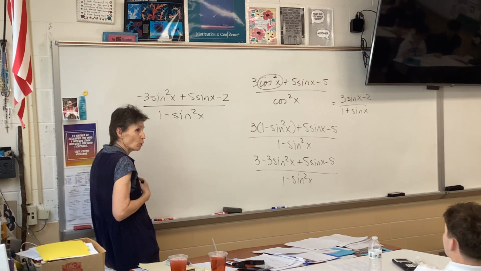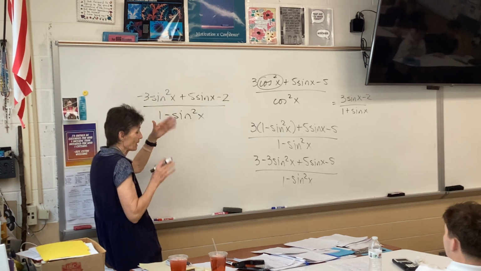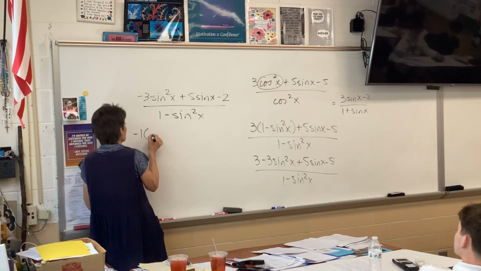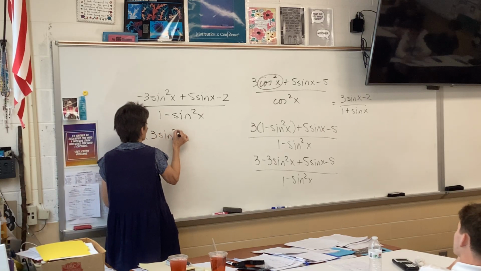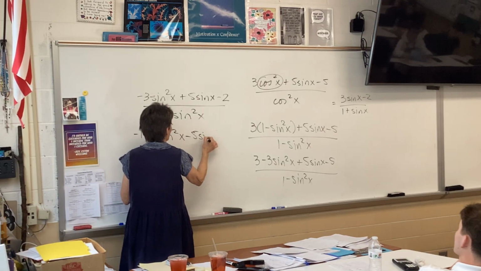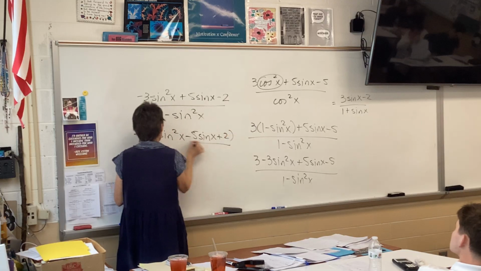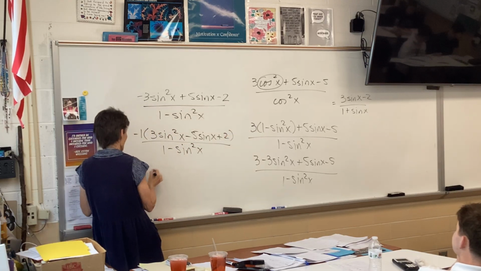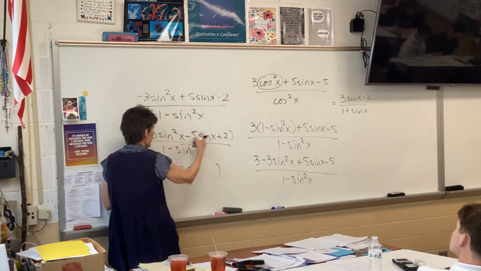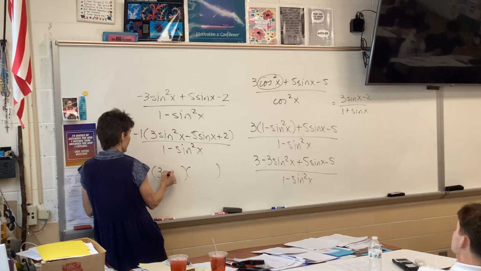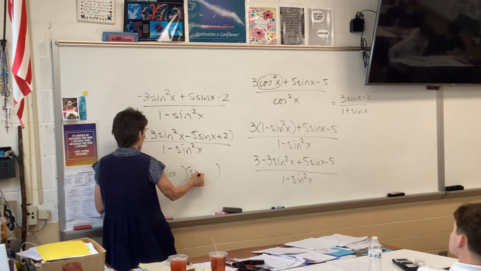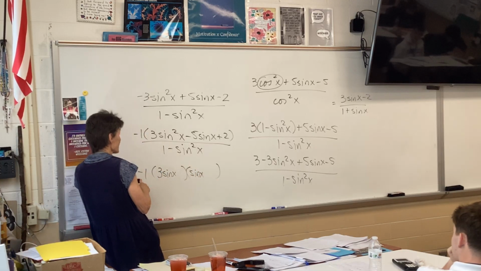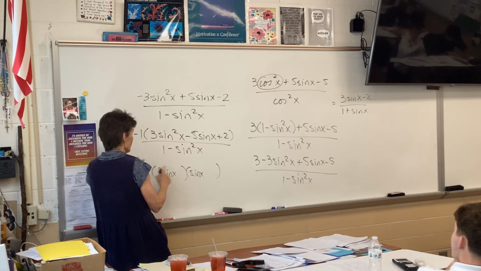So for me personally, you don't have to do this, however you factor it, I'm going to pull that negative out to give myself a fighting chance at factoring this thing. This I can factor. This will be 3 sine. I can't lose the negative, it stays in the problem, but it doesn't have anything to do with my factoring.